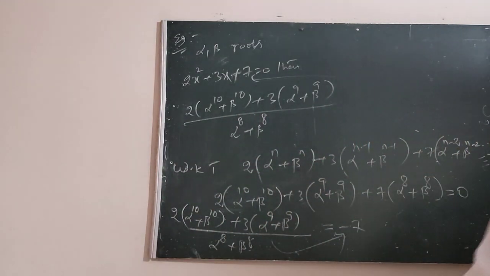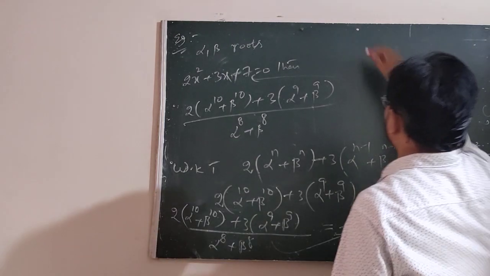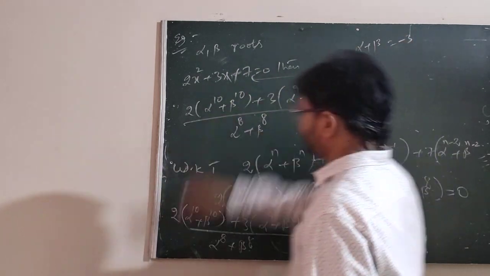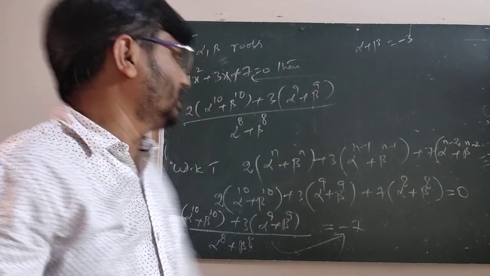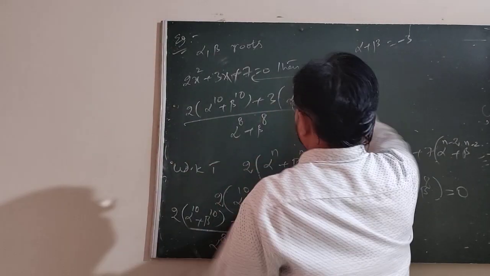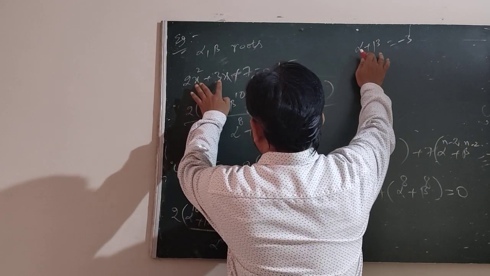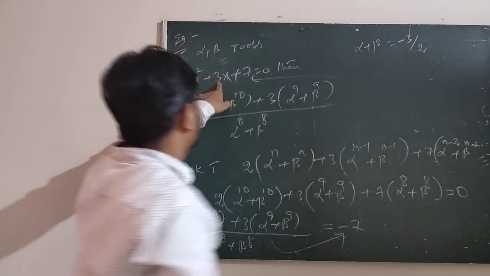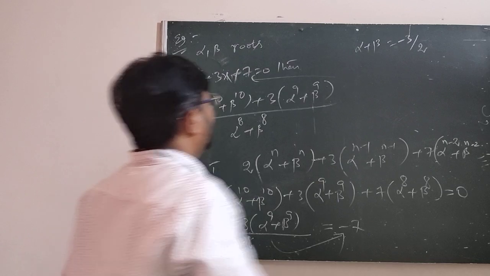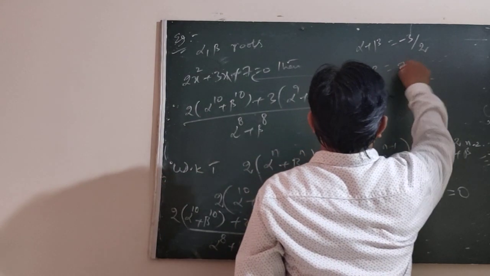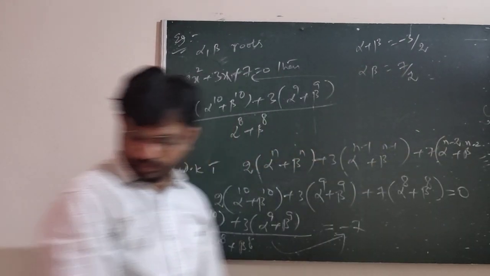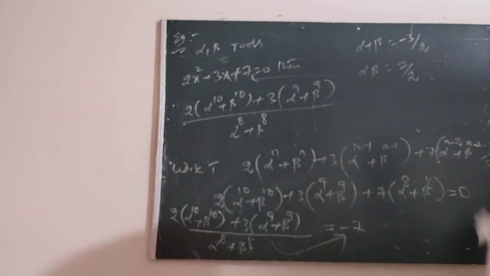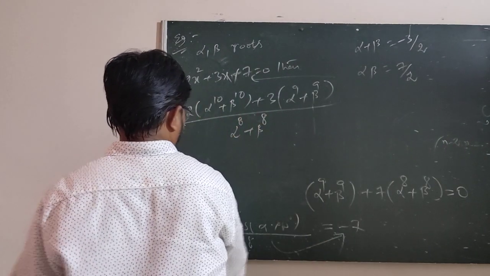The sum of the roots, alpha plus beta, is minus of b by a, which is minus 3 by 2, and the product of the roots is c by a, which is 7 by 2.